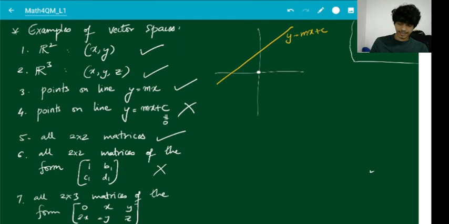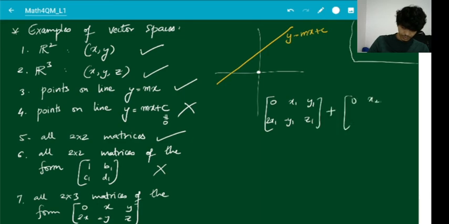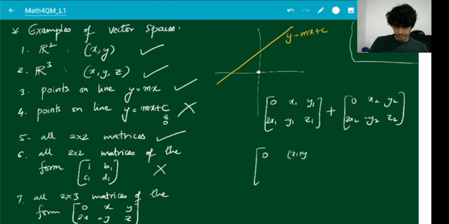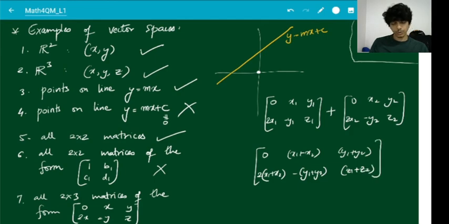You can check that if I add any two of them, 0, x1, y1, 2x1 minus y1, z1 and 0, x2, y2, 2x2 minus y2, z2, when you add them up, you will still get something of the form 0, x1 plus x2, y1 plus y2, 2 times x1 plus x2 minus y1 plus y2, and z1 plus z2. So this also has the same form.